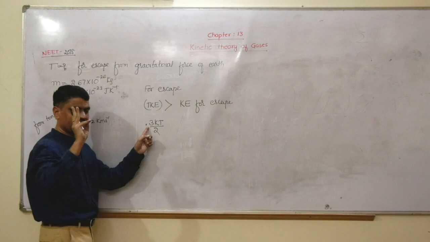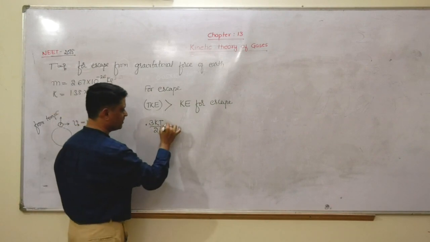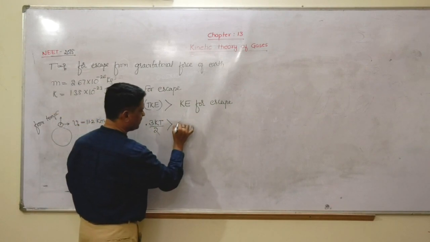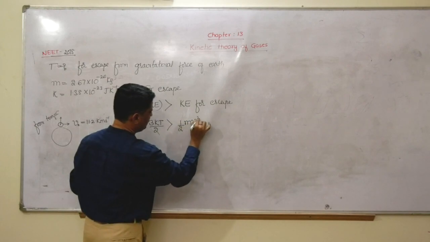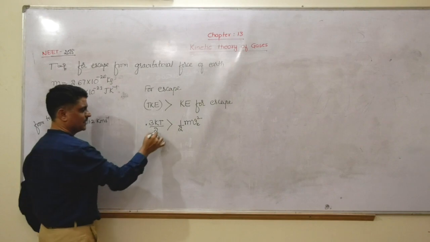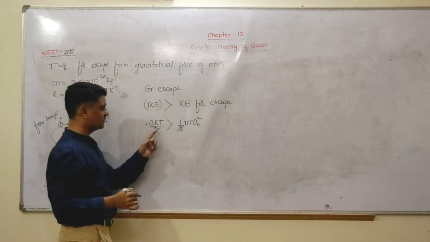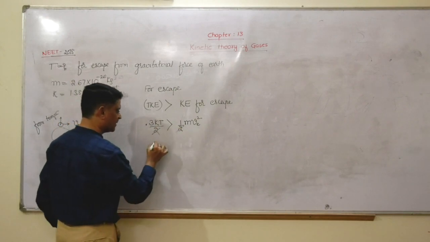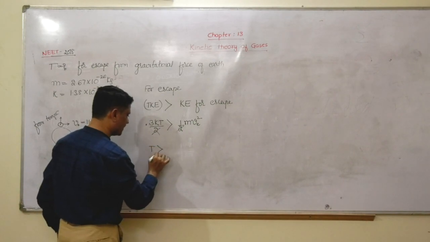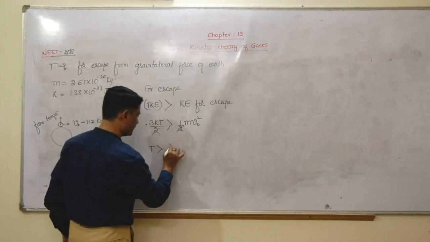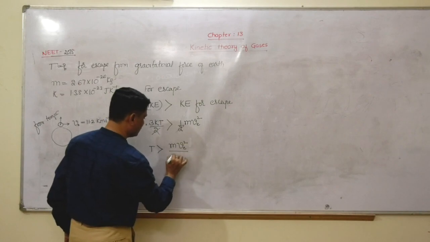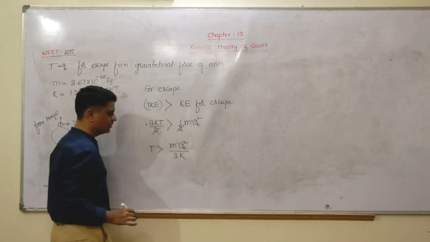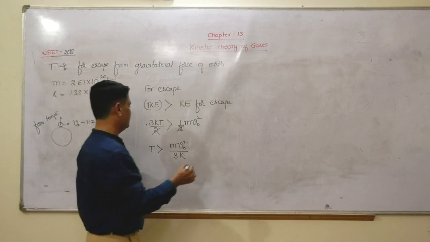For monoatomic the number of degrees of freedom is 3, should be greater than half mVe square. This 2 gets cancelled, we want T, therefore T should be greater than or equal to m into escape velocity square divided by 3 into K, right?